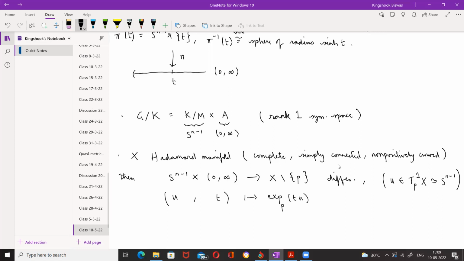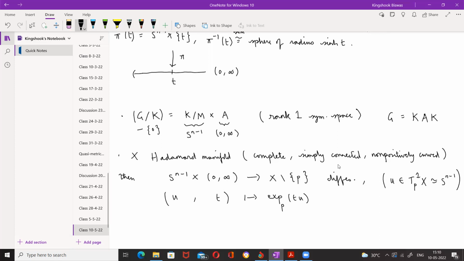Oh, so I made a mistake here. This will be G mod K minus a point p, minus the origin. This is not the whole space. So actually what we're doing here is really the Cartan decomposition of the space. These polar coordinates correspond to the Cartan decomposition G equals KAK.